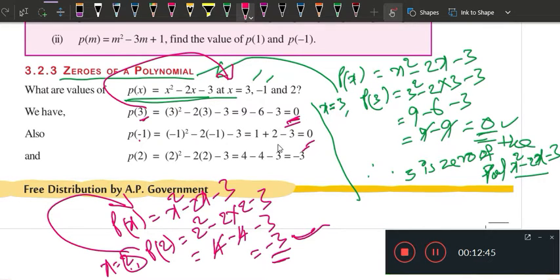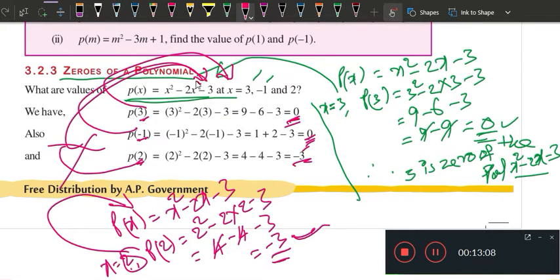Then we substituted minus 1 and got 0, so minus 1 is a zero of this polynomial. After that, we substituted 2 and got minus 3, so 2 is not a zero of this polynomial.